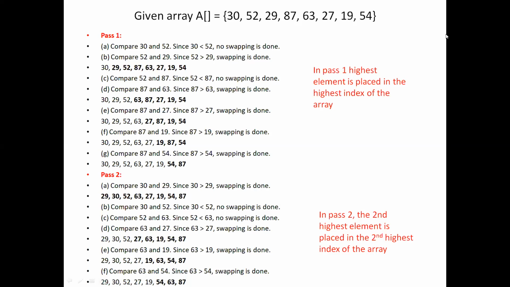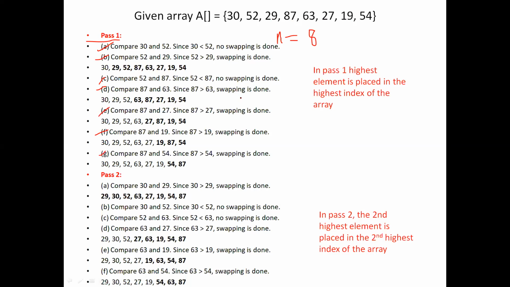This is the given example array. How many elements? 1, 2, 3, 4, 5, 6, 7, 8. So N is 8. First, pass number 1. How many steps do we have in pass number 1? 1, 2, 3, 4, 5, 6, 7.